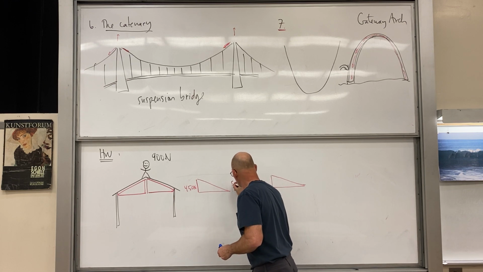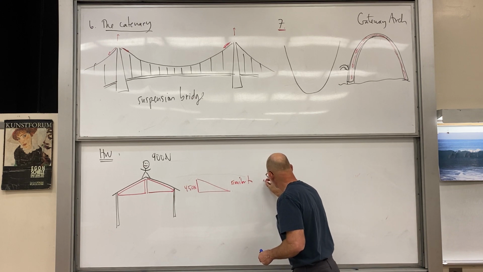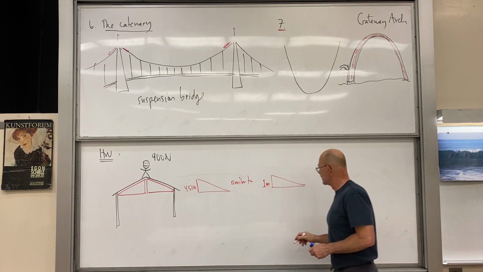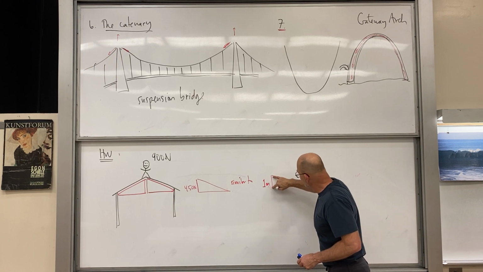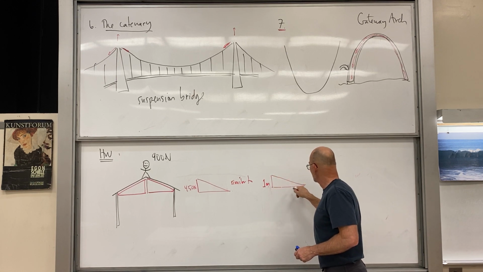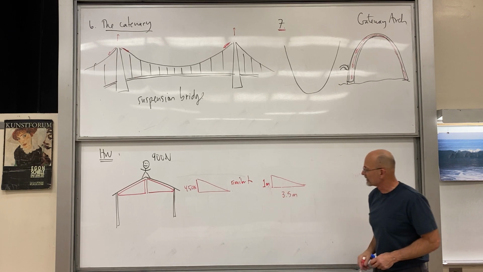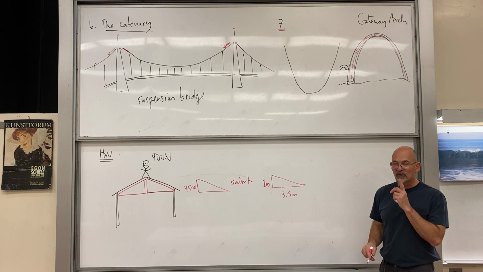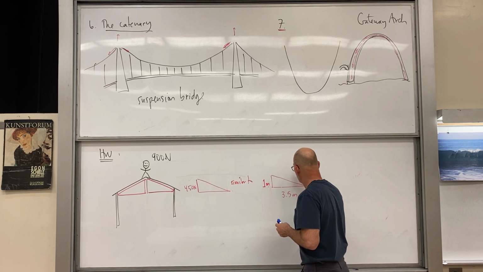Let's write a little smaller. Similar to, so this is 1 meter, and this here is, well, let's make it realistic, 3.5 meters. So here's what we want to do. We're going to call this X.